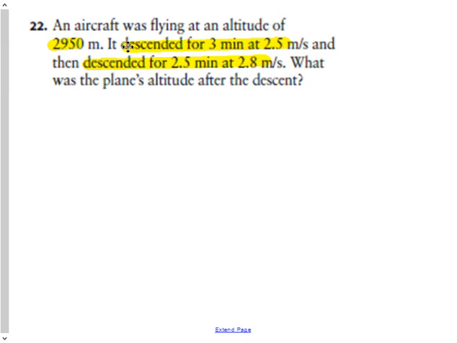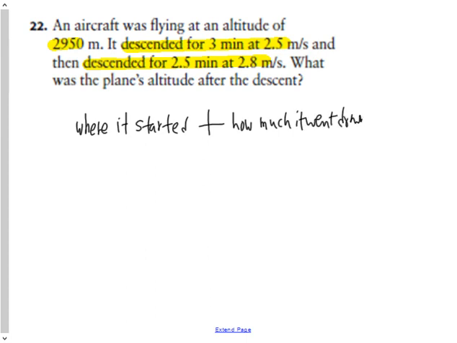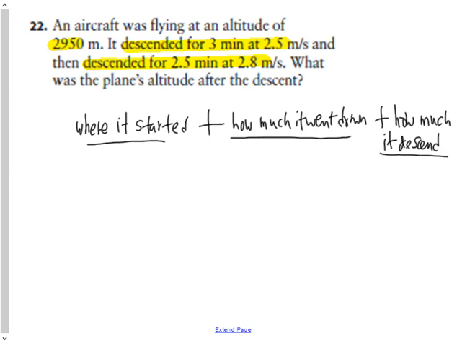If we think about it in terms of words, we can think about where it started, plus how much it went down, plus how much it descended again. If I combine those three things, that should be where it ends up, okay?